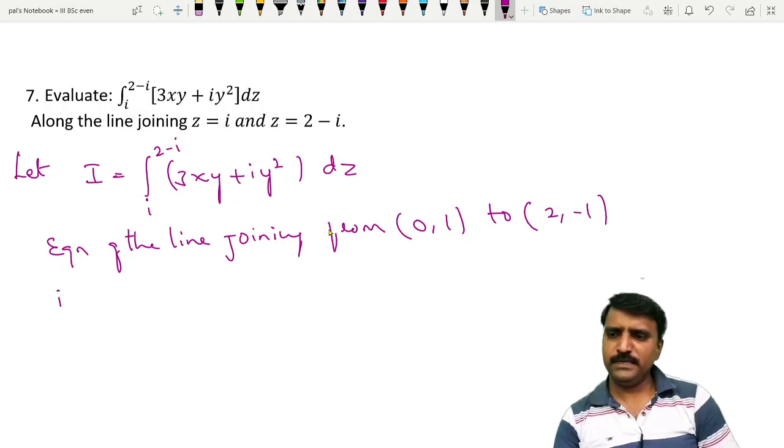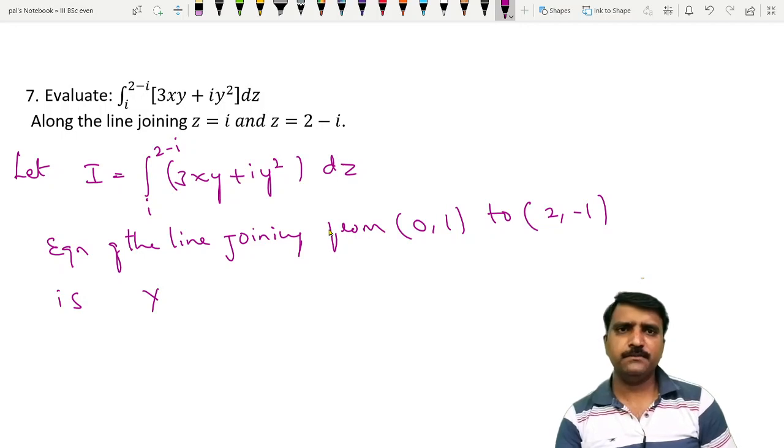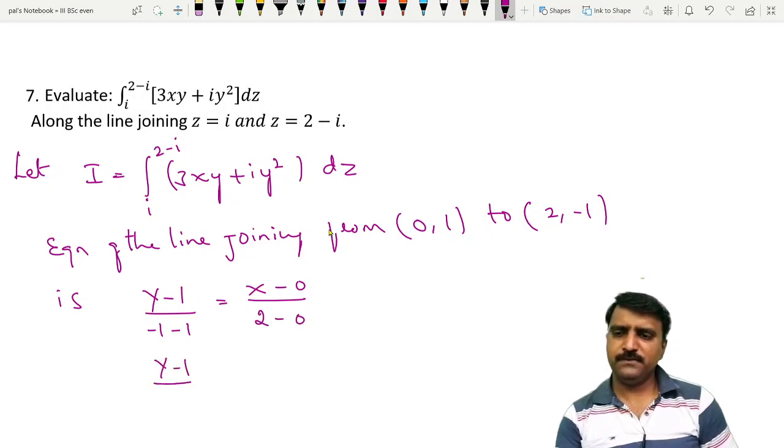Use the formula: y minus y1 divided by y2 minus y1, so that is y minus 1 divided by y2, here minus 1, is equal to x minus x1, x1 is 0, divided by x2 minus x1, that is 2 minus 0. So that is y minus 1 divided by minus 2 is equal to x divided by 2. You can cancel this 2 and 2 here.